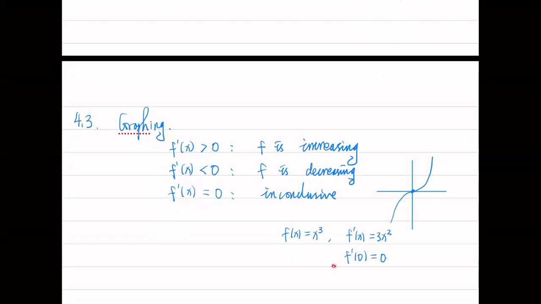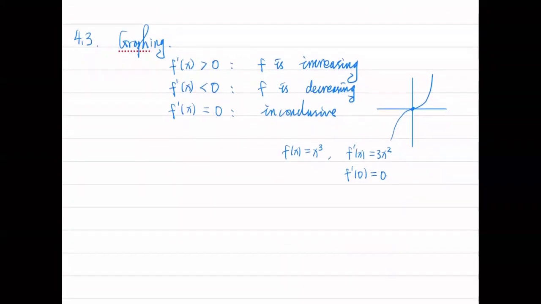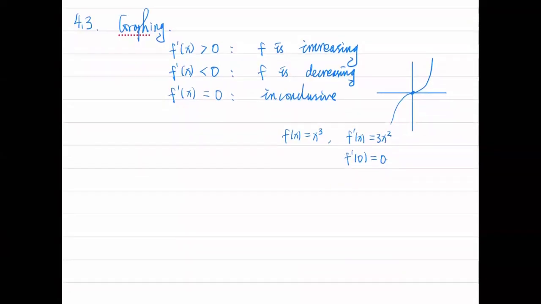Even though the derivative is zero, the function is still increasing, just very slowly. Okay, that's the first one.